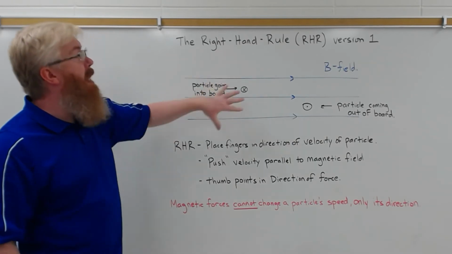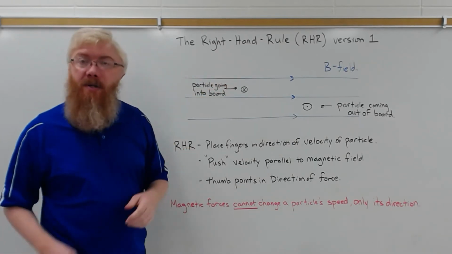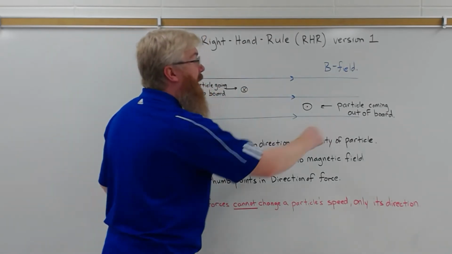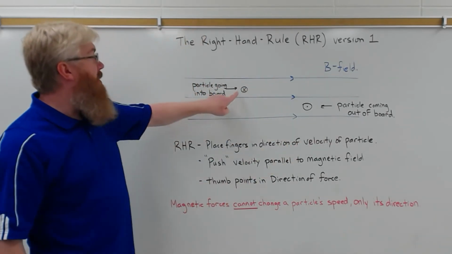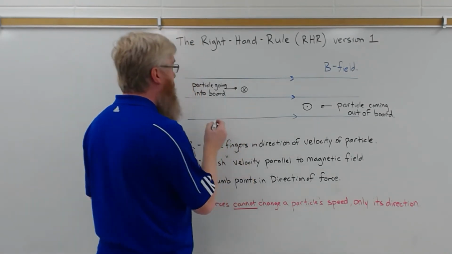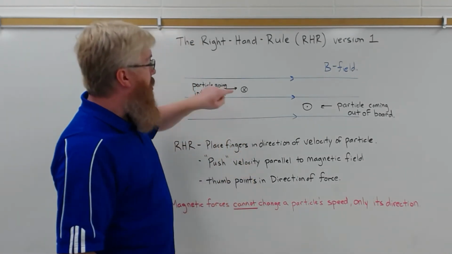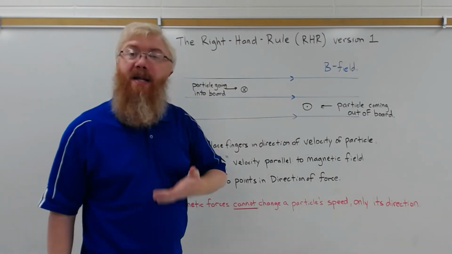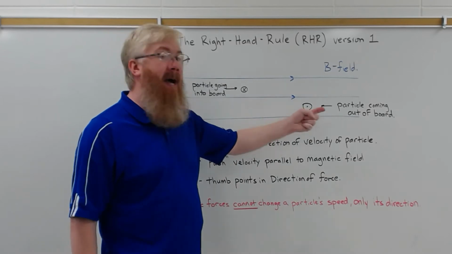I have a drawing here showing an example of how to use the right-hand rule. I have a magnetic field going to the right. Here I have a charged particle, let's pretend it's positively charged, going into the board. Here I have another charged particle, again positively charged, coming out of the board.